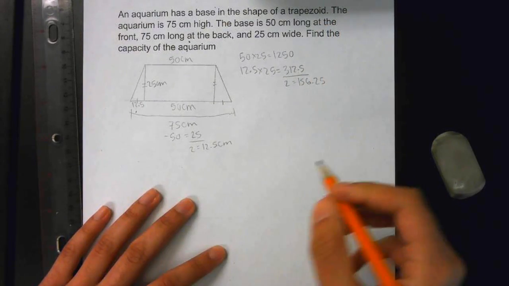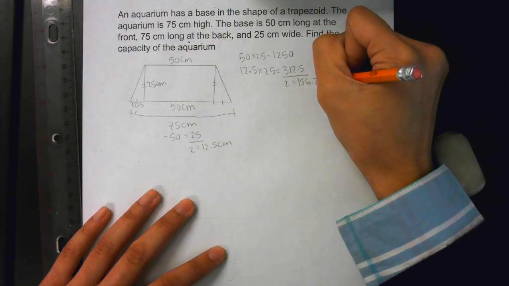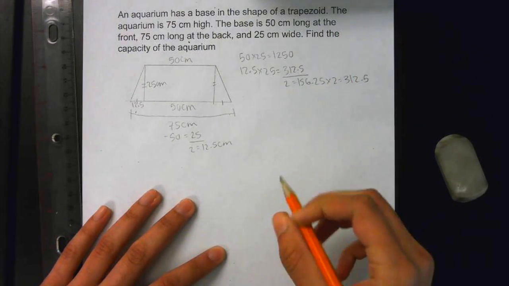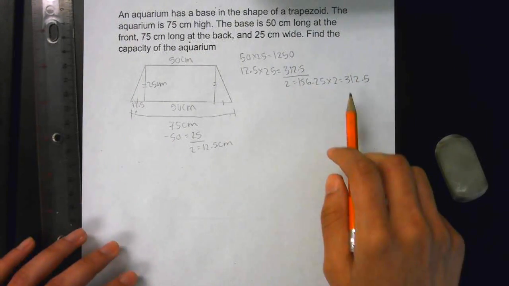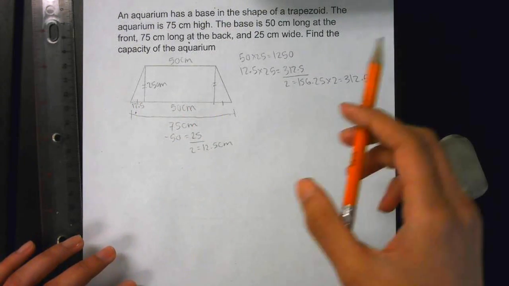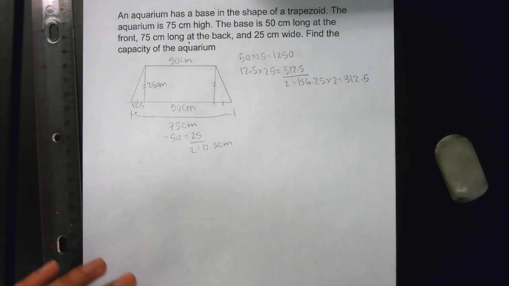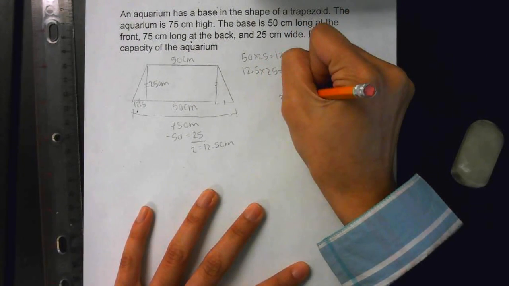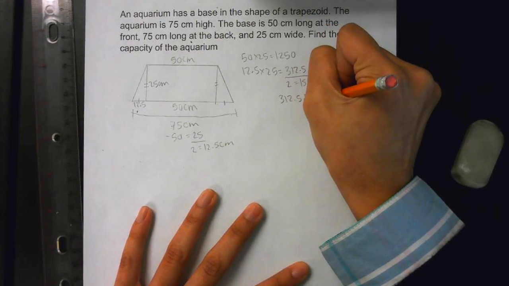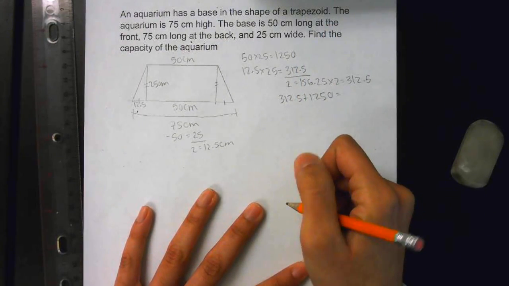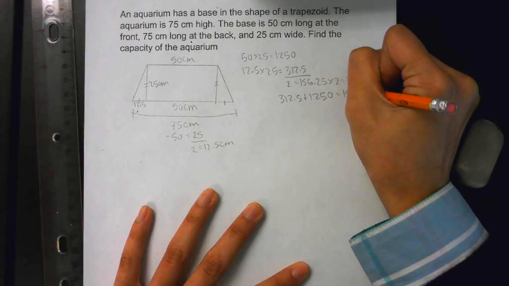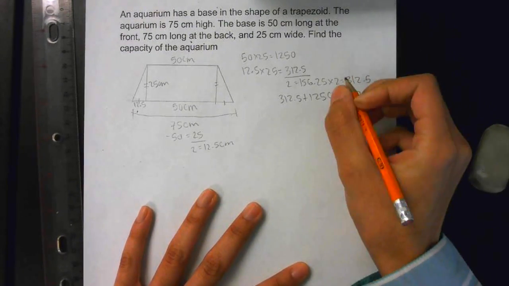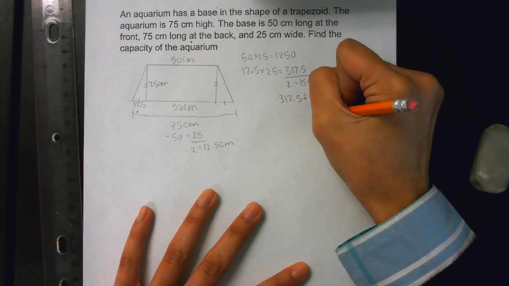Since there are two triangles, we multiply that by 2, which equals 312.5. Since we found the area of the three shapes, we add them all to find the area of the trapezoid. So 312.5 plus 1,250 equals 1,562.5 centimeters squared, which is the area of the trapezoid.